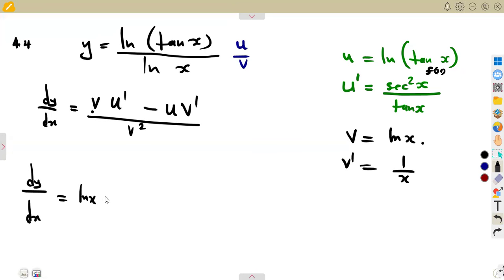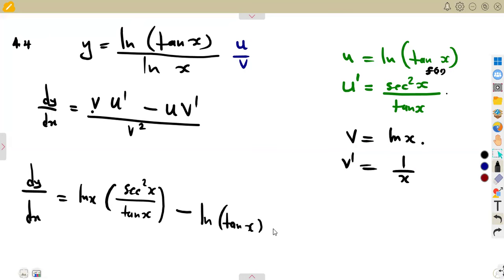So that's ln x times the first derivative of u, which we got as sec squared x over the tan of x, minus u. Remember, u is the numerator, which is the ln tan of x, times the first derivative of v, which is 1 over x.